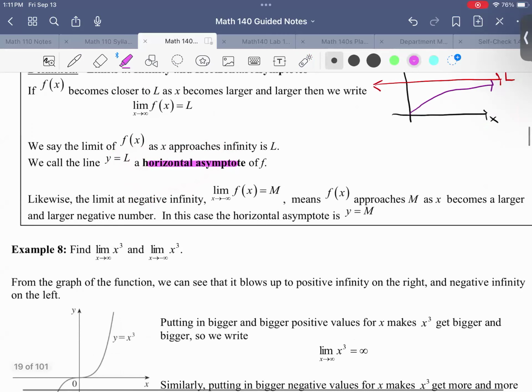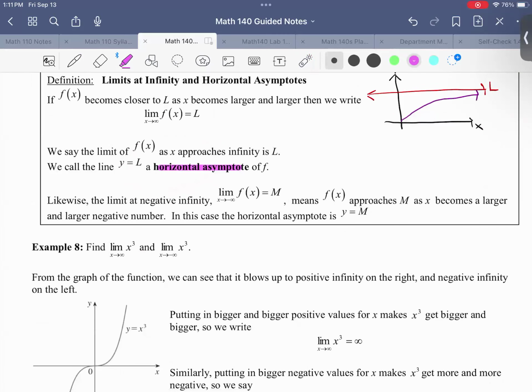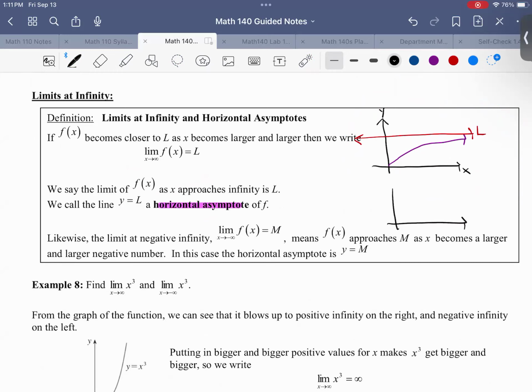Likewise, if you're going in the negative direction, so we kind of draw that here. Say I'm going in the negative x direction, on a separate graph, but kind of the same thing.